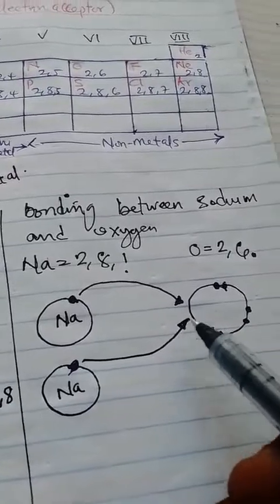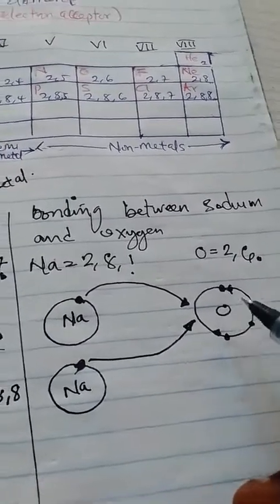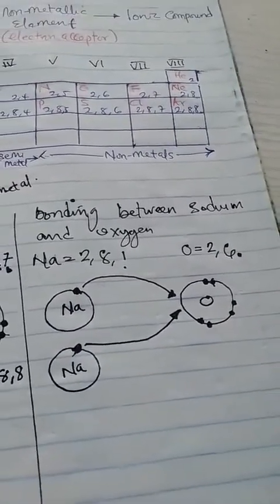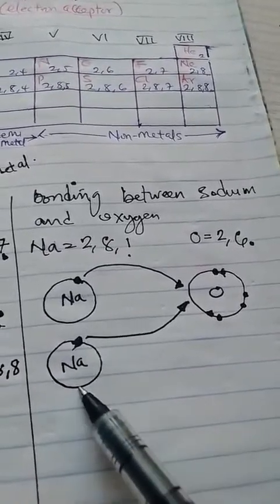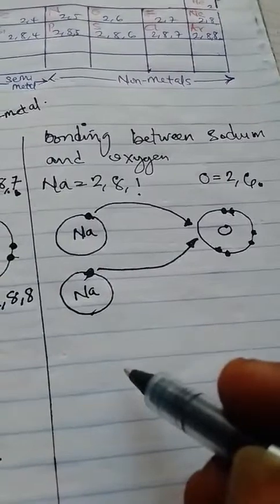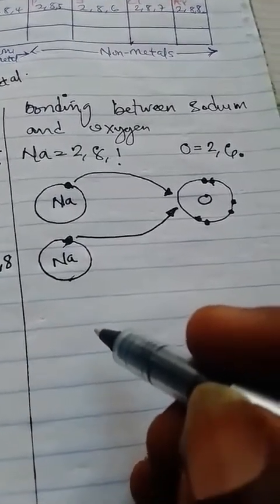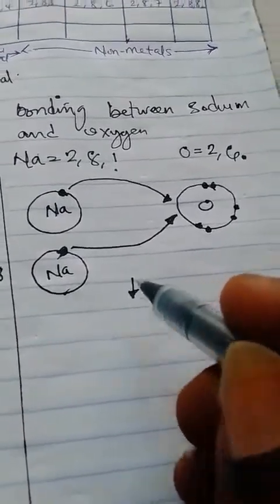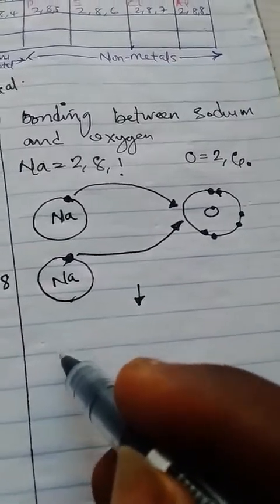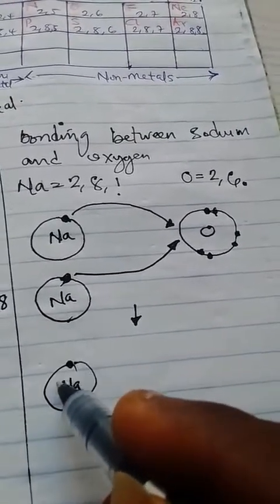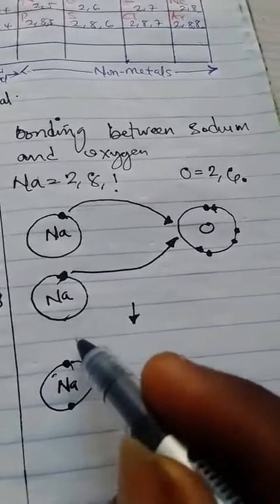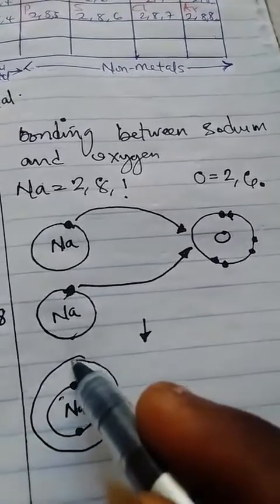to oxygen. So in the ionic bonding between sodium and oxygen, 2 sodium atoms are involved. So we are going to now have something in this form. The structure will look something like this. So we have 2 sodium, Na, you have 2, and then you have 8.